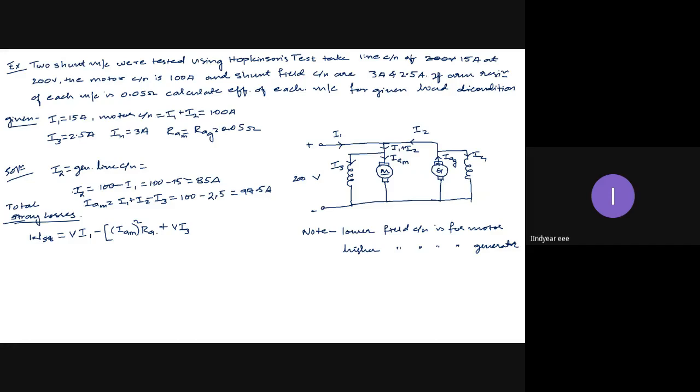So IAM square RA plus V into I3, plus IAG square RAG plus V into I4. Okay, so what is IAG?